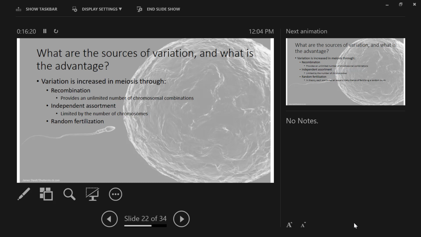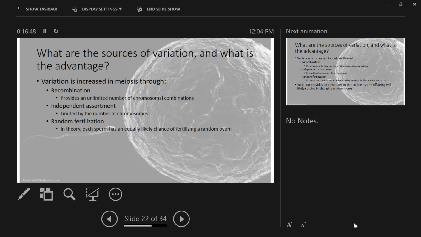But then on top of that, we've got random fertilization. So in theory, every single sperm has an equal opportunity to fertilize the ovum. Right? Now typically only one ovum is going to be released at a time, at least in humans. In other mammals, you might release multiples, which is how you can have litters of more than just one.